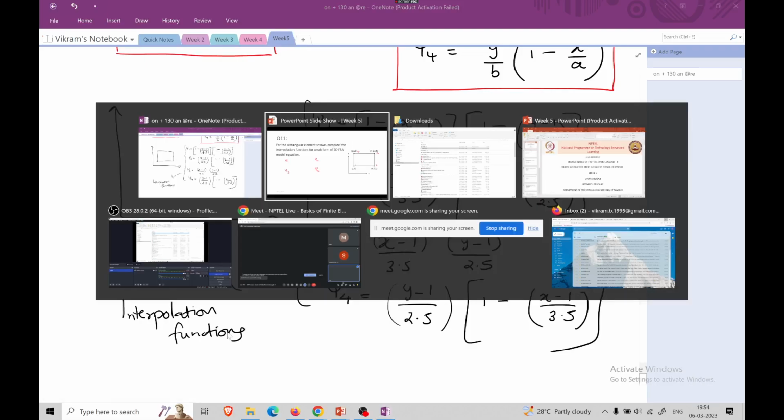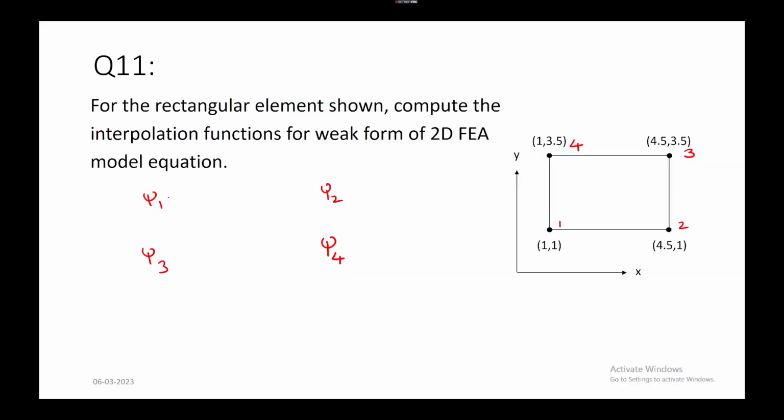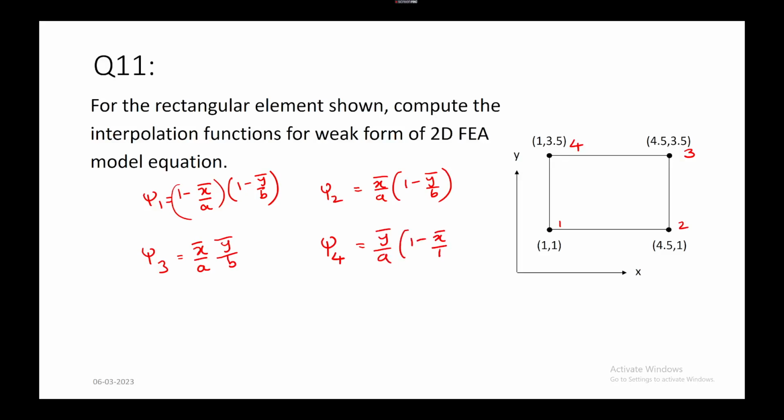So we will go back to the presentation. Here I will just write in terms of x bar and y bar for simplicity. Okay. So here I put in x bar y bar.